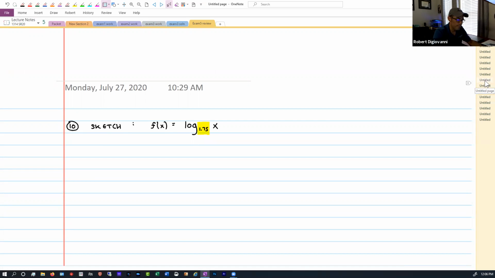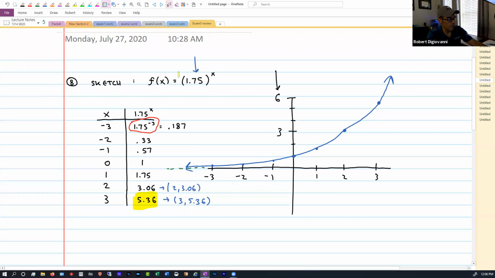We did this problem. So we're gonna go back to this problem right here, 1.75 to the x. We're gonna take all these answers and change the x and y coordinates. In other words, this one here is now gonna become 5.36. That's our new x coordinate, and the y coordinate's 3.